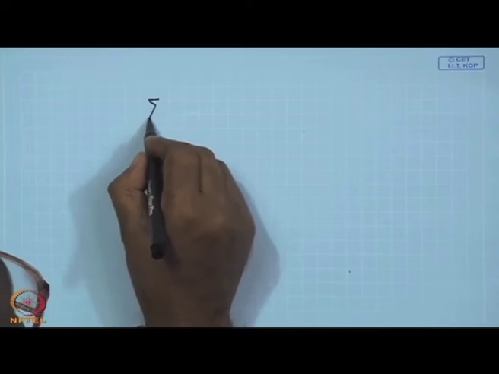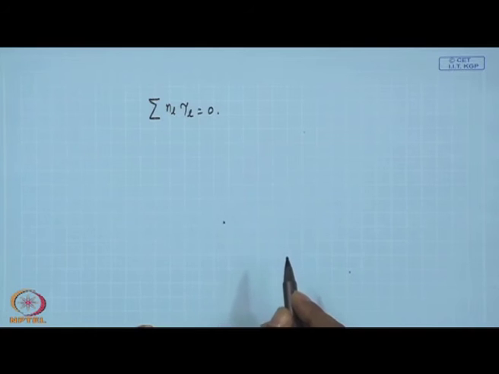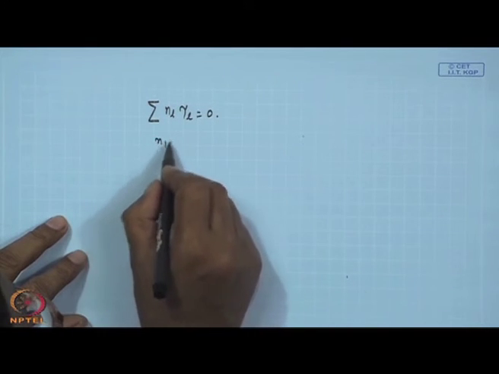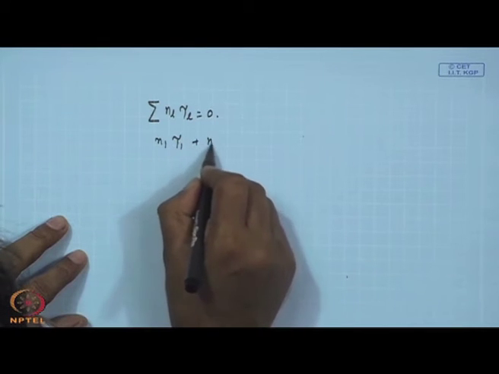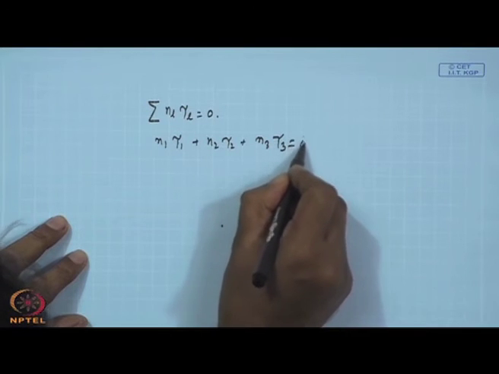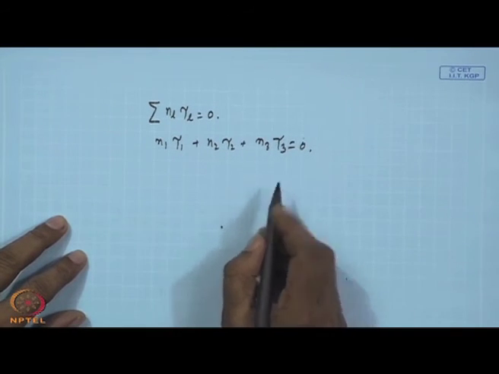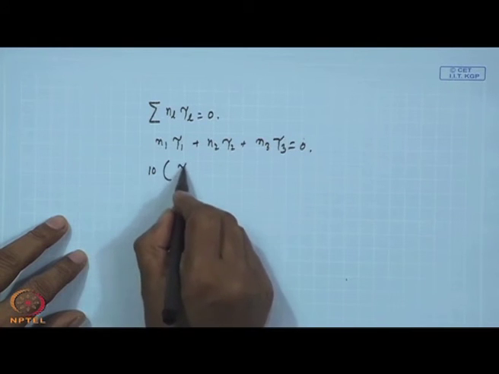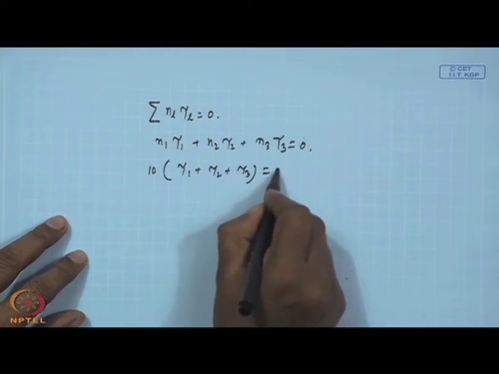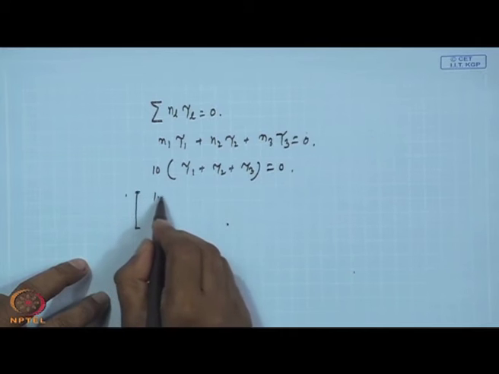That property is that the sum total of N L tau L equals 0. So, in this case N1 tau 1 plus N2 tau 2 plus N3 tau 3 will be 0. Our N1, N2, N3 are equal, that is 10, so we can cancel 10, and tau 1 plus tau 2 plus tau 3 equals 0. Now, see what is given here. What is tau 1?